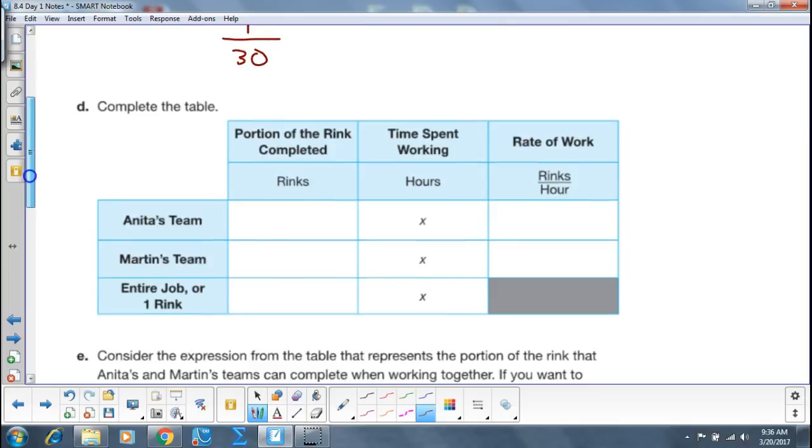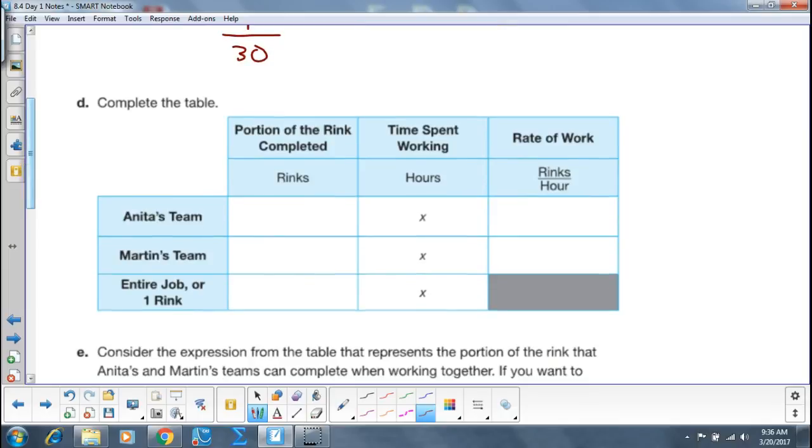So, portion of the rink completed. She does this. Now, 1 over, she's blue. Not a big fan of this chart. She's 1 over 20, and he's 1 over 30.